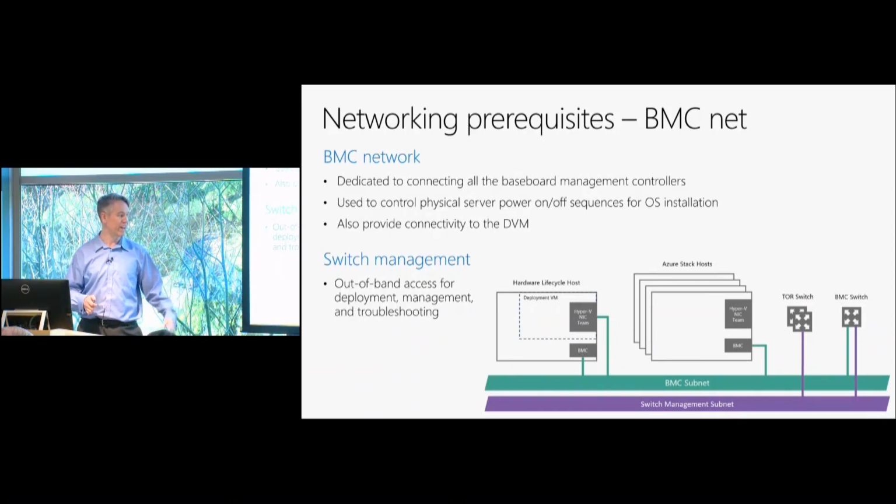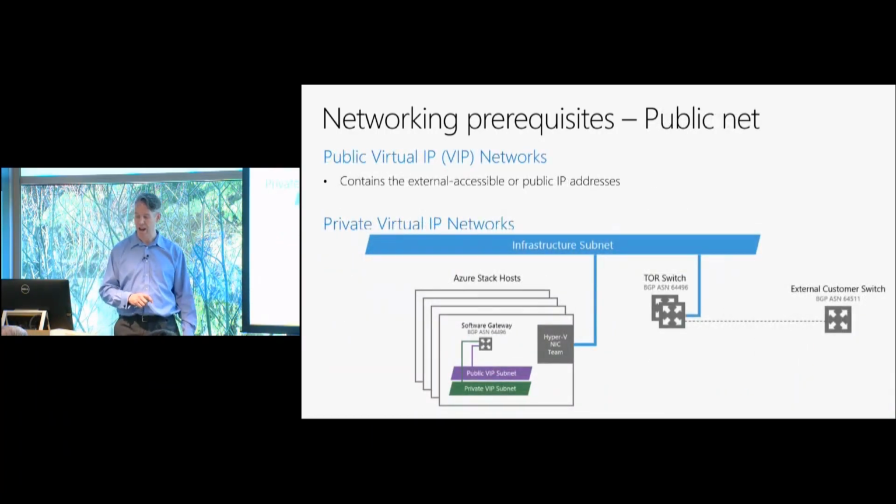So it's got its own dedicated network and its own dedicated subnet assigned as part of the choices you make in the prerequisite spreadsheet. The public IP network, I think we've talked about everything on here. So it starts with a certain range. You can expand that as you need more public IP addresses to support user workloads. And they're all plumbed up to the top rack switches, and then they're allowed to send traffic out to the border device and onto the internet.